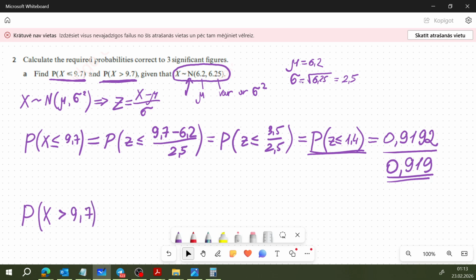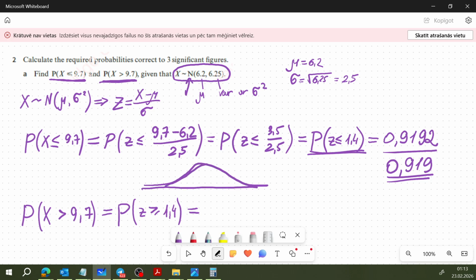The next thing is we have to find the probability that X is larger than 9.7. So this is basically the same as the probability that Z is larger or equal than 1.4. And as you remember, when we had the table, here we have the normal distribution sketch. Here you have minus a and a, you have 0.